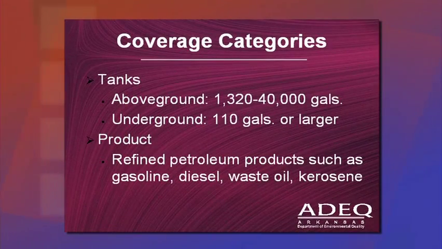You can use the Petroleum Storage Tank Trust Fund for aboveground tanks from 1,320 up to 40,000 gallons. Underground tanks of 110 gallons or larger can use the Petroleum Storage Tank Trust Fund. They have to be holding a regulated substance, so gasoline, kerosene, diesel fuel, that type of thing.